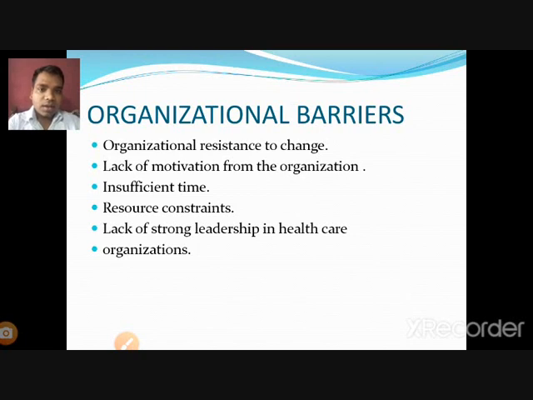Organizational barrier means any resistance by the institution. Lack of motivation from the organization, insufficient time due to institutional duty hours or working hours, resource constraints, lack of resources in the organization, and lack of strong leadership in the healthcare organization. If any organizational leadership causes a barrier, it will be called an organizational barrier.